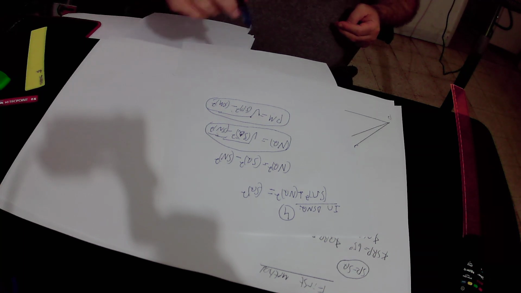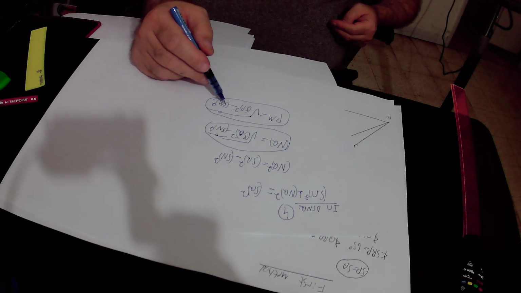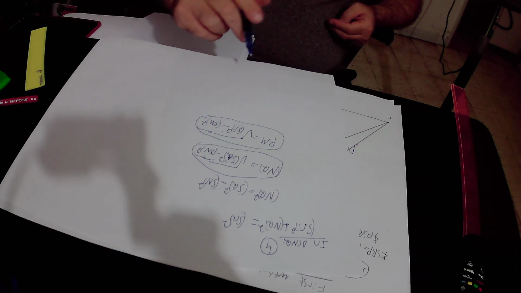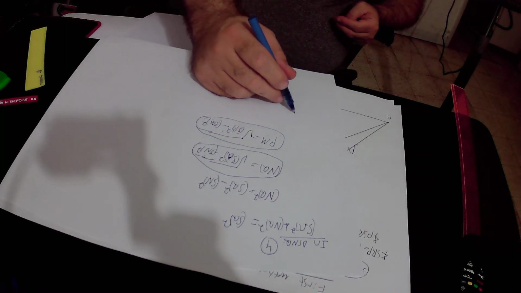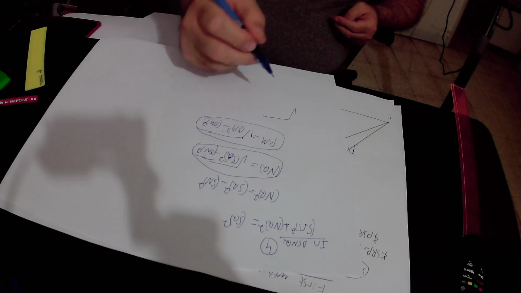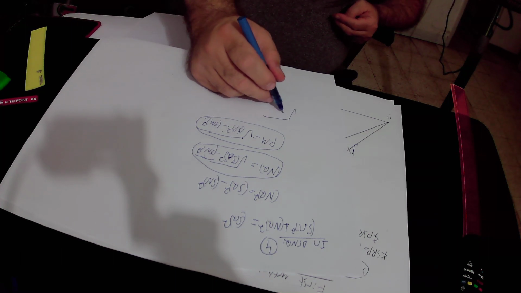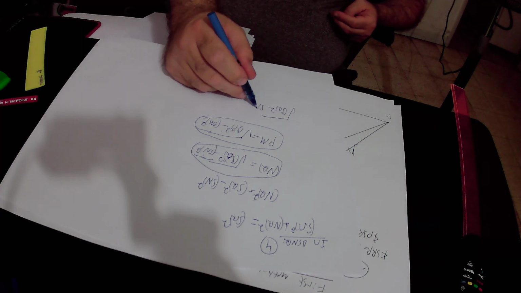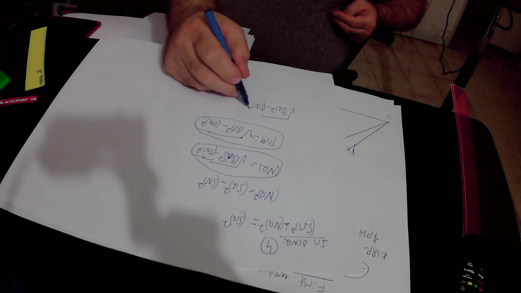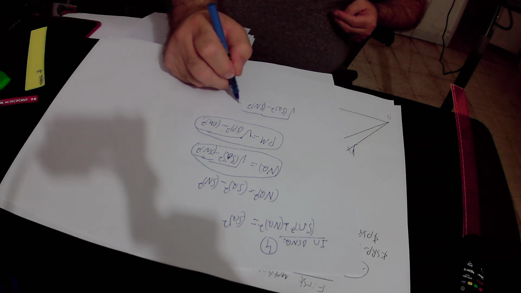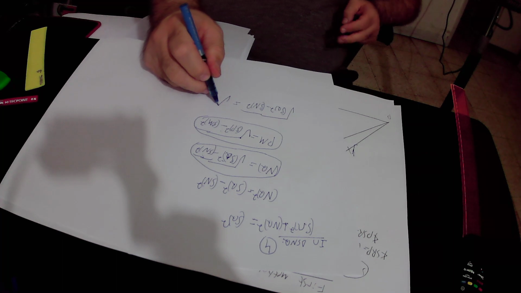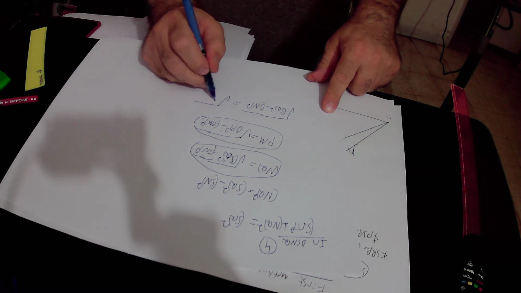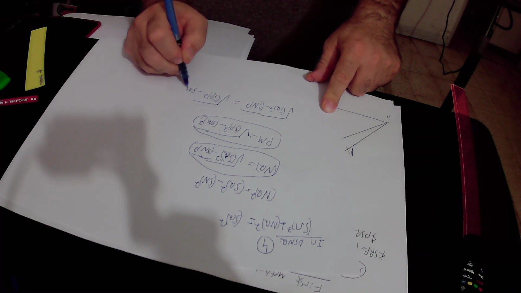Actually, this expression is equal to this expression. I will write it: the root of SQ squared minus SN squared is actually equal to the root of SP squared minus SM squared.